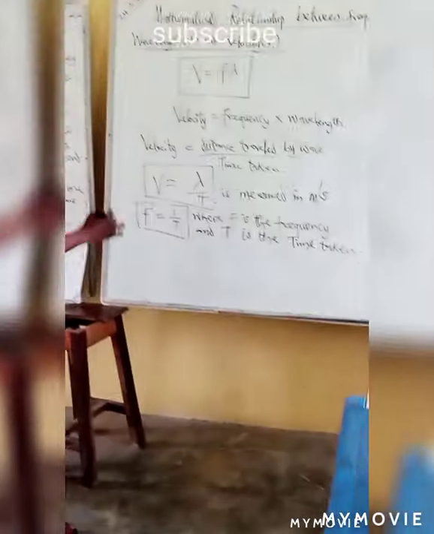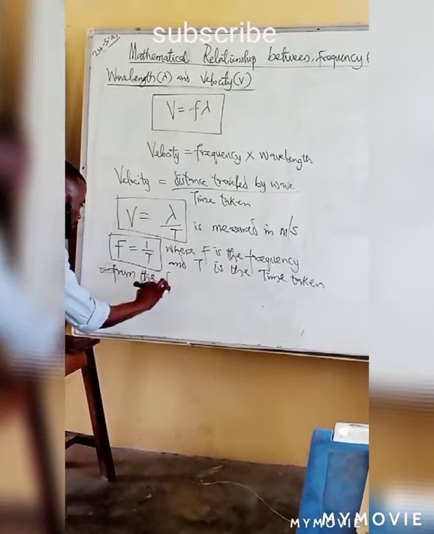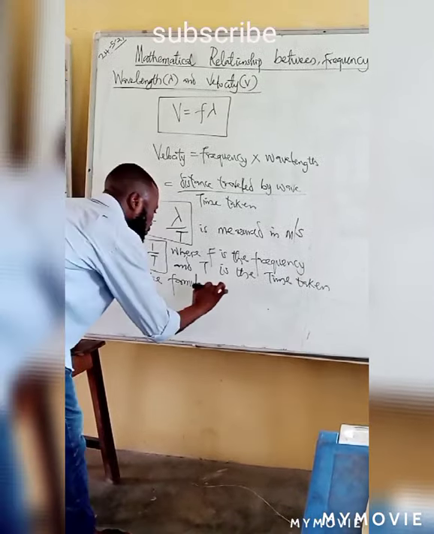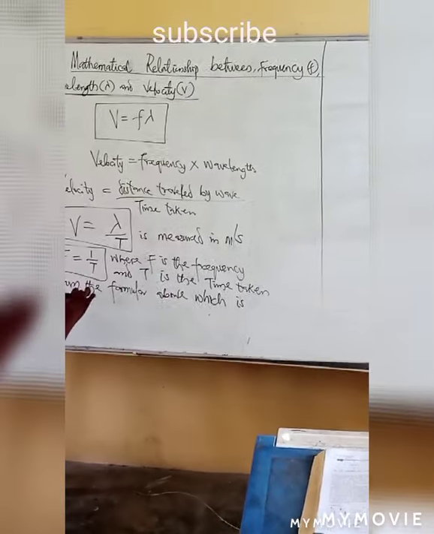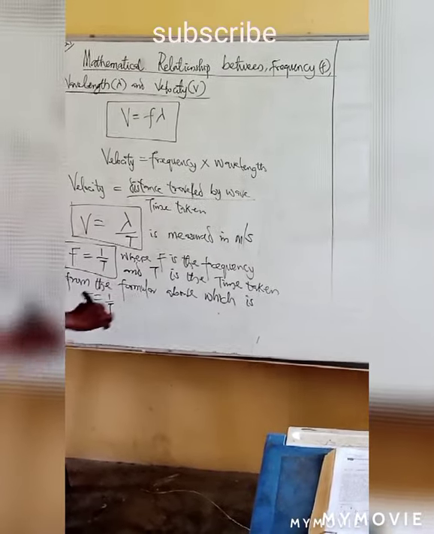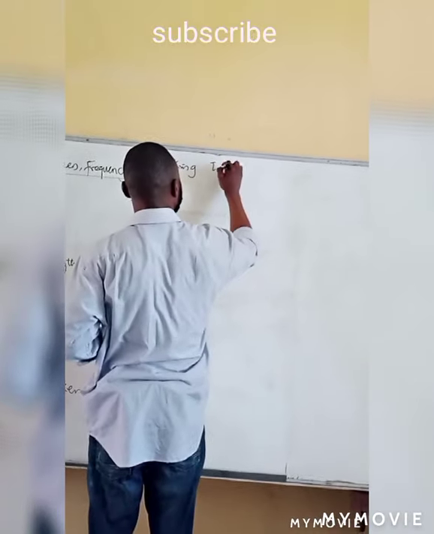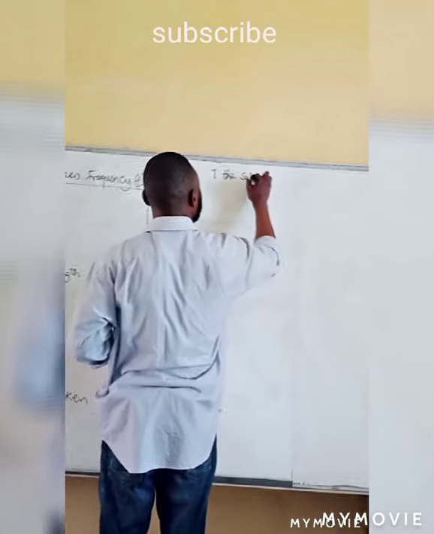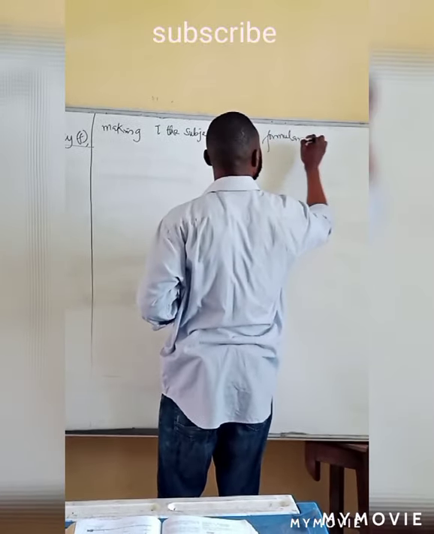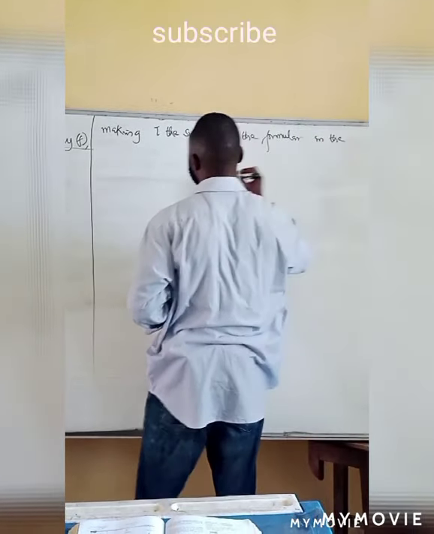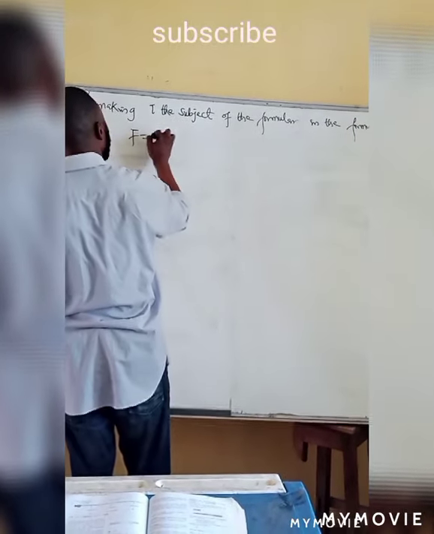From this formula, F equals 1 over T, we are making T the subject of the formula.